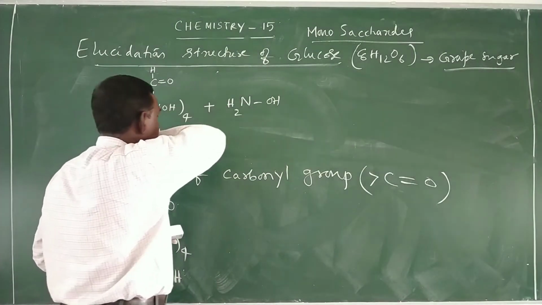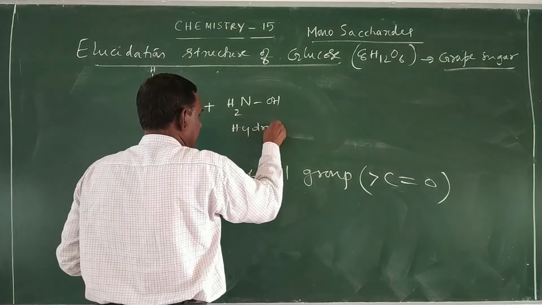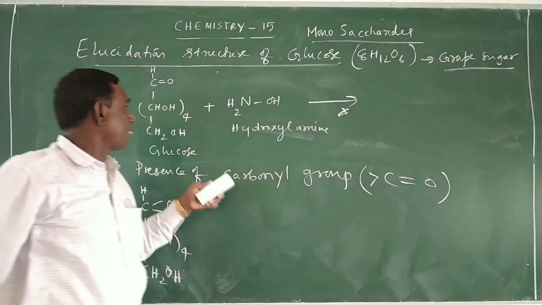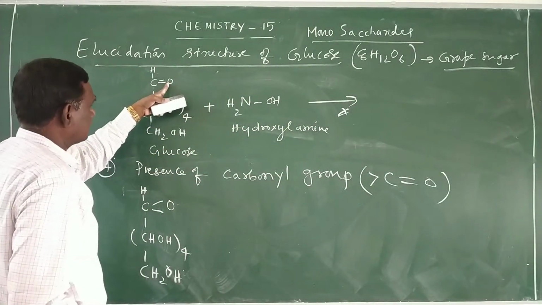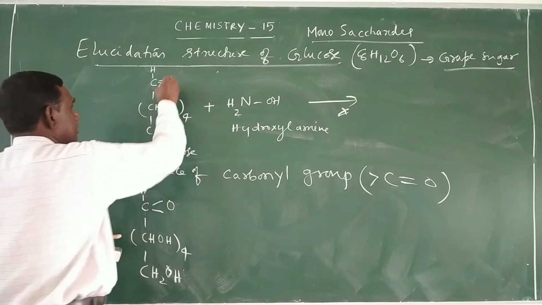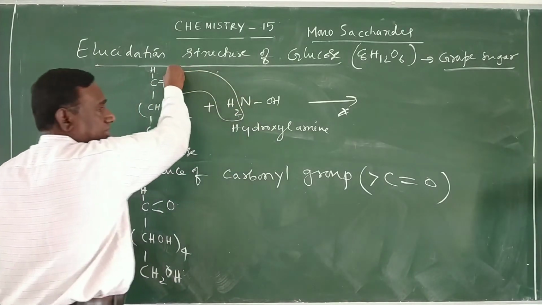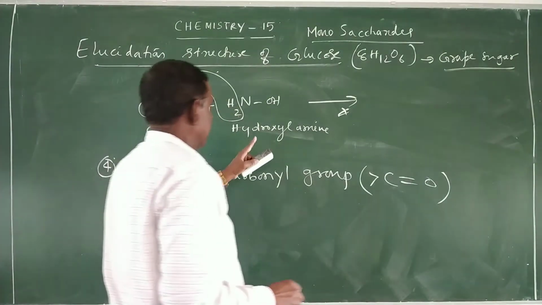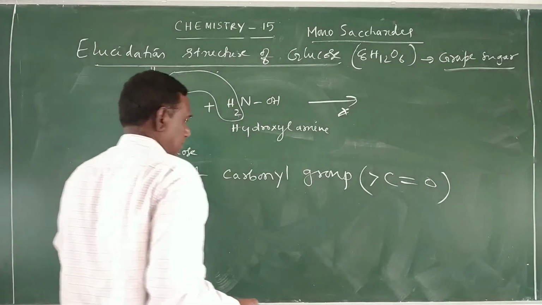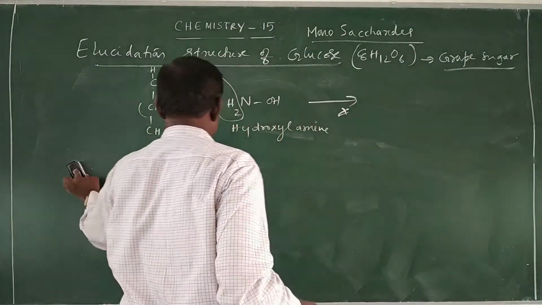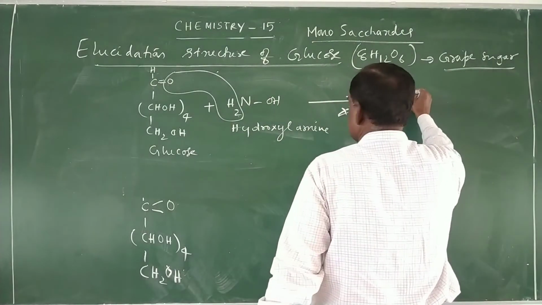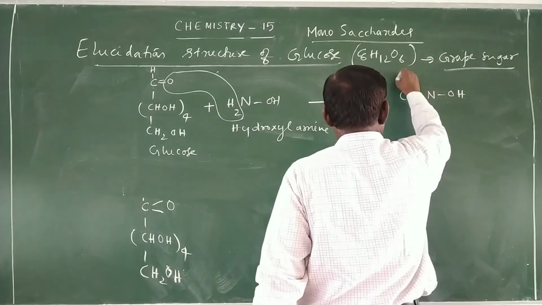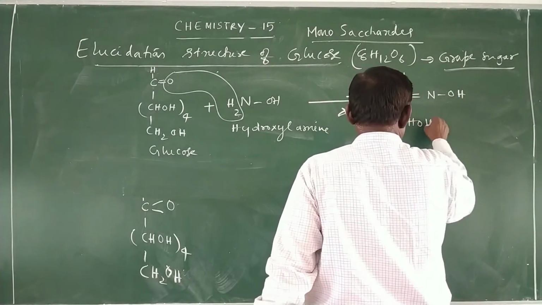When this hydroxylamine is heated, the oxygen atom and the hydrogen atoms will be removed as a water molecule, H2O, and you will be getting glucose oxime. So you will be getting C double bond N single bond OH, with CHOH four times.